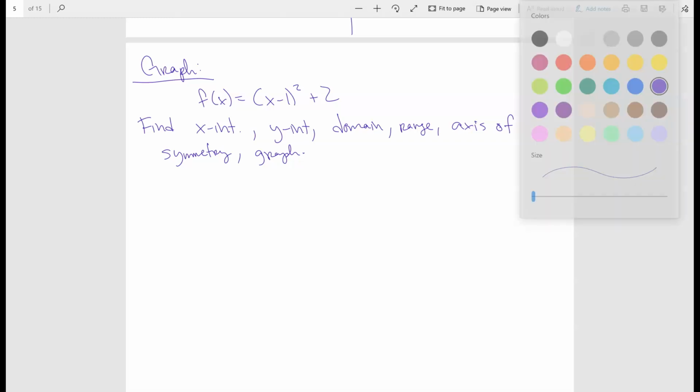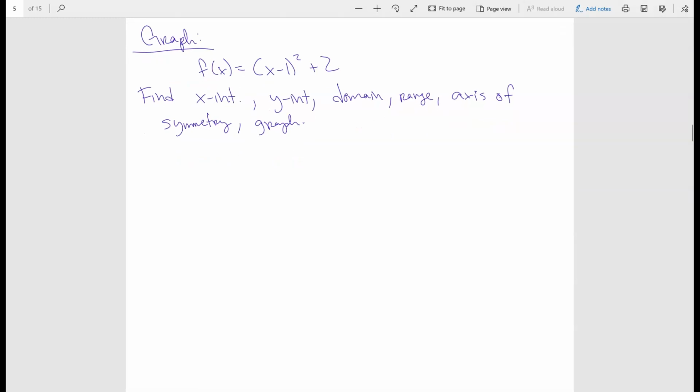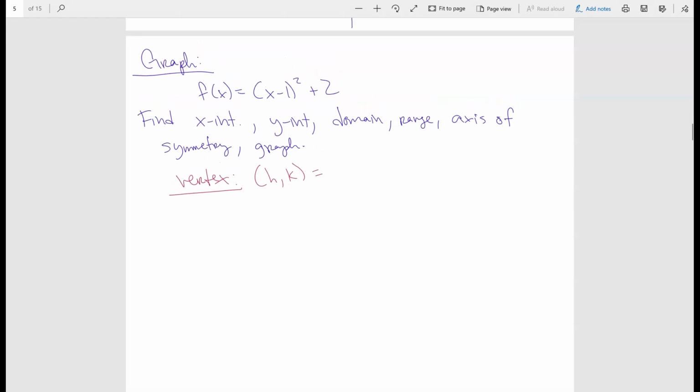Now, one way that we can graph this parabola is we can first try to locate the vertex. Now that we kind of know what a vertex is, the vertex is just going to be h, k. So h in this case is going to be whatever this number is.